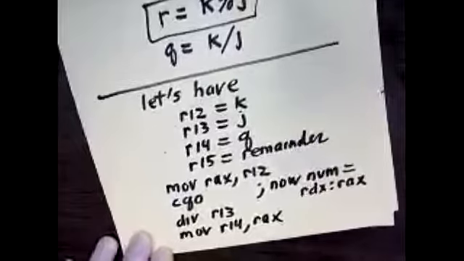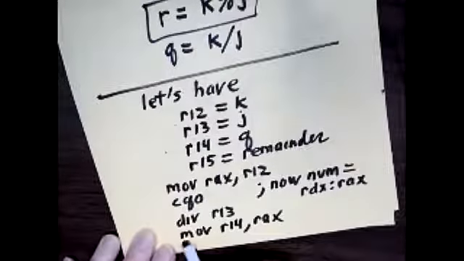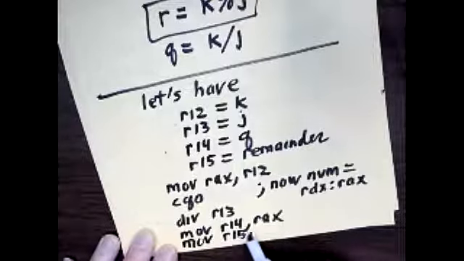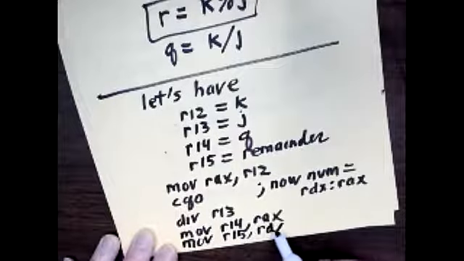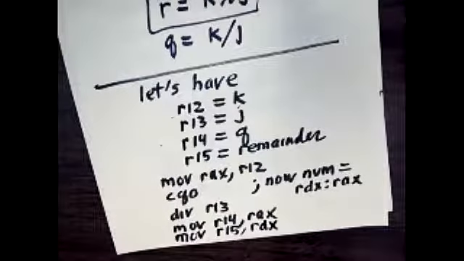The div also put the remainder in RDX, but we want to save it in R15. When it does the division, it computes both numbers at the same time.